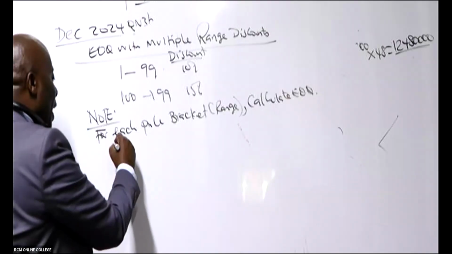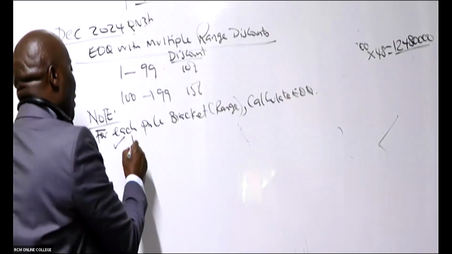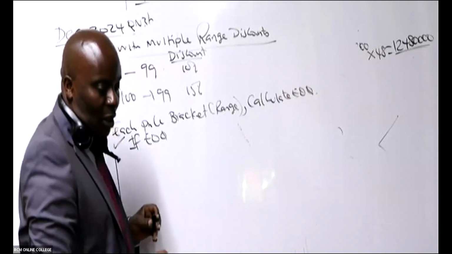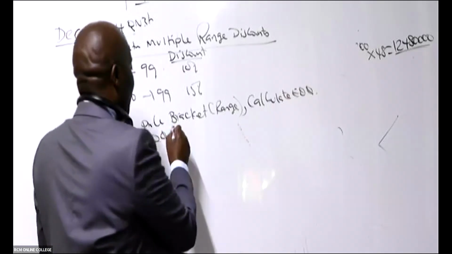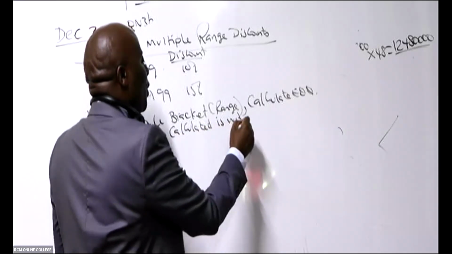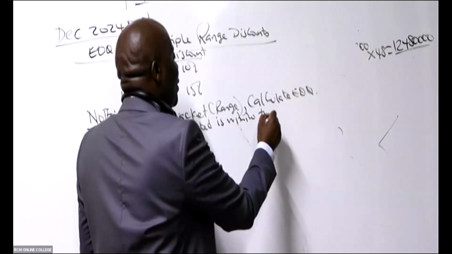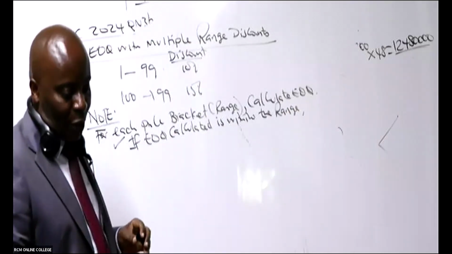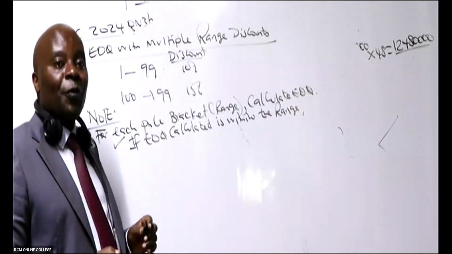Now, dash one. If EOQ calculated is within the range, it is feasible.